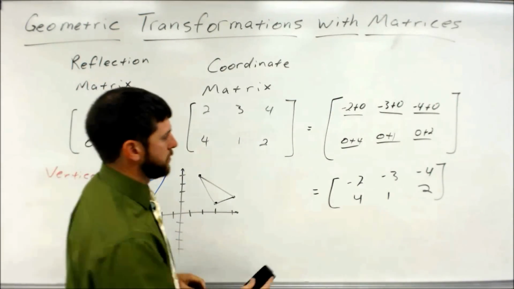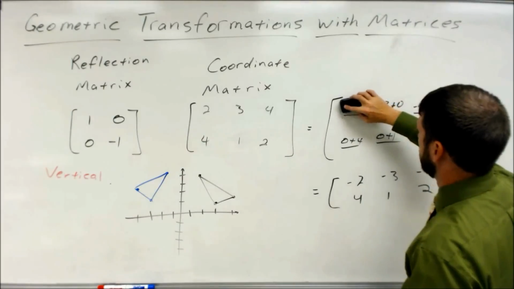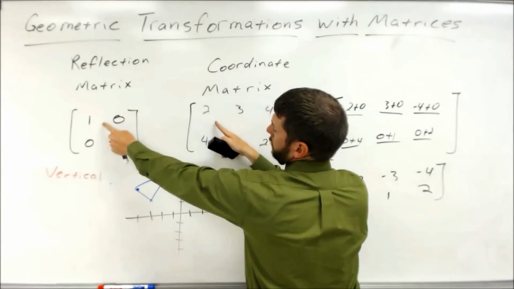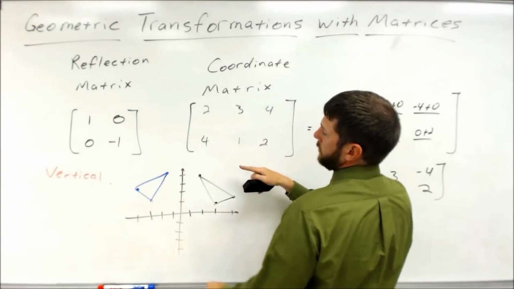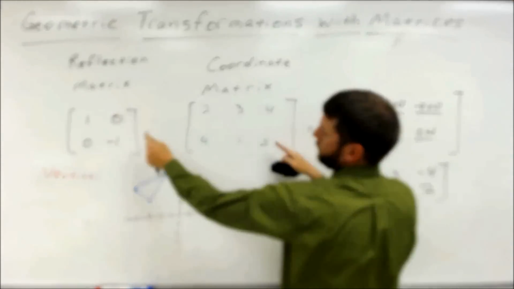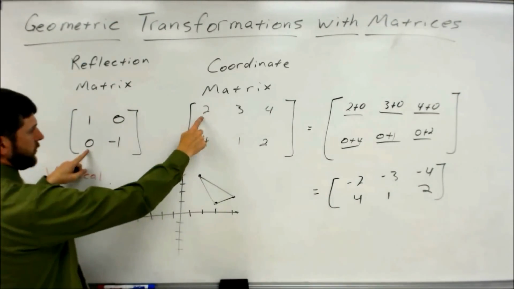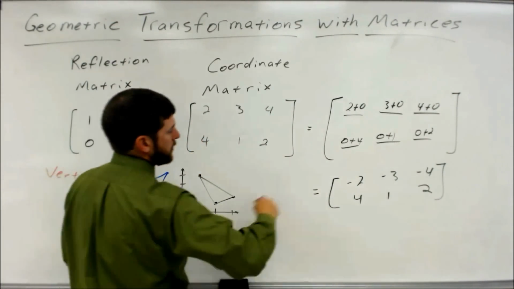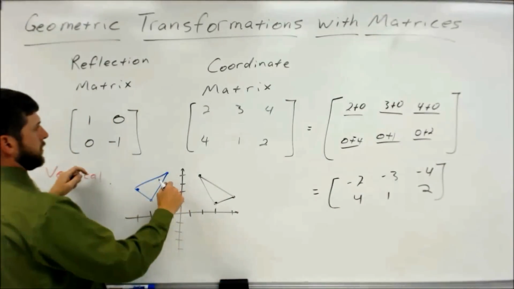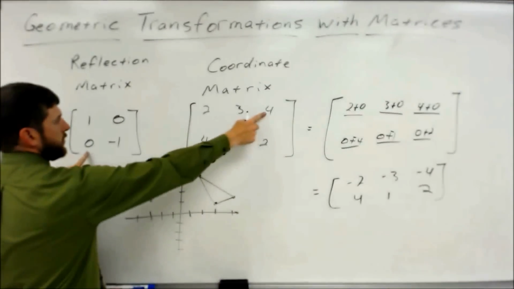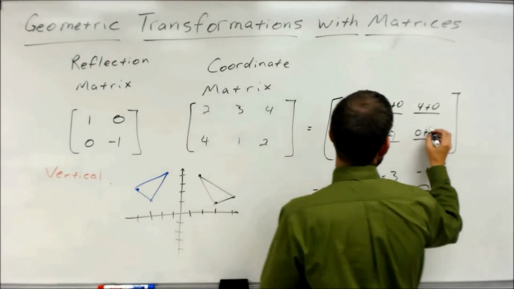So as we check through, +2 and 0, +3 and 0, +4 and 0. So all those go positive. 0, -4. 0, -1. 0, -2.